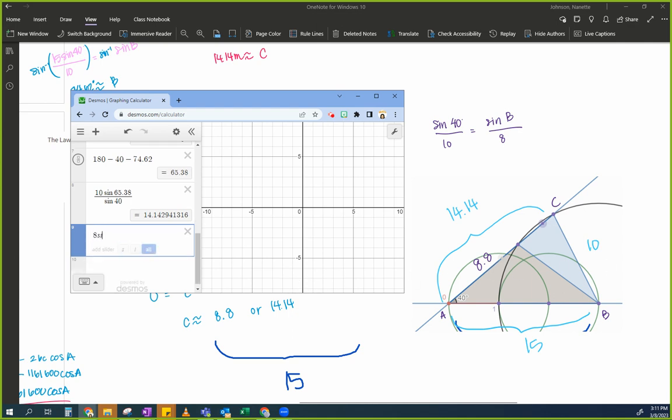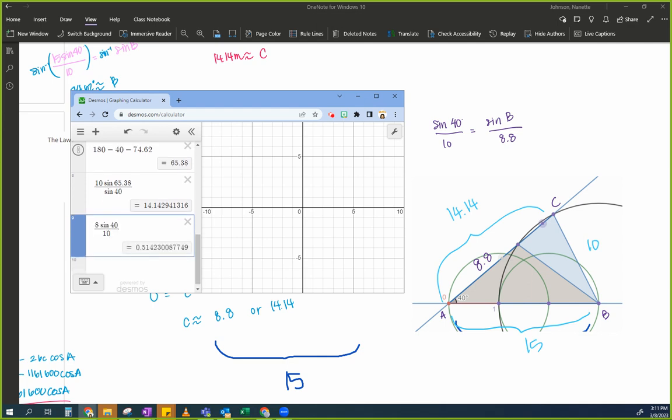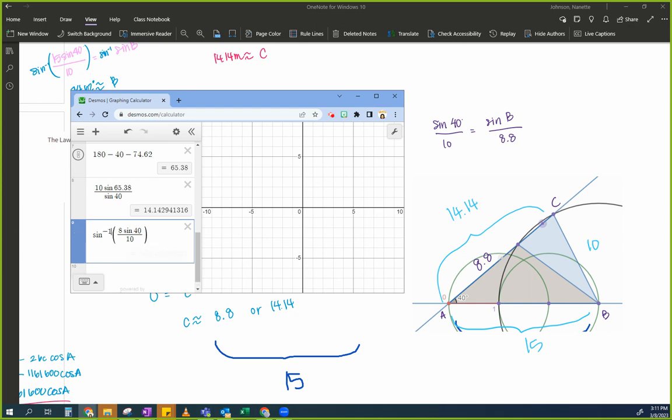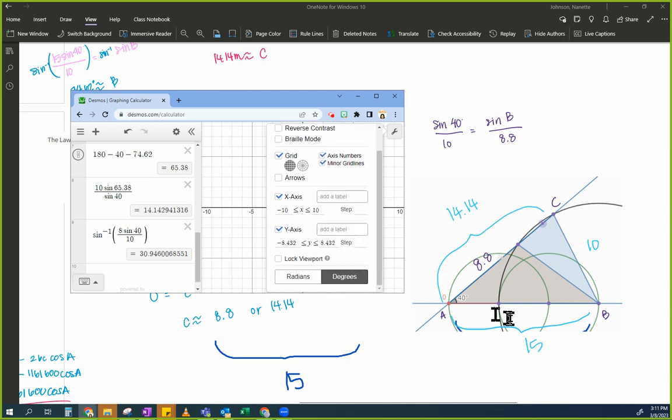So that's going to be 8 sine 40 divided by 10, right? And then that's going to go inside here, sine inverse. You all should be comfortable with that. If not, not a big deal. I am going to check to make sure that I am in degrees. Yes.